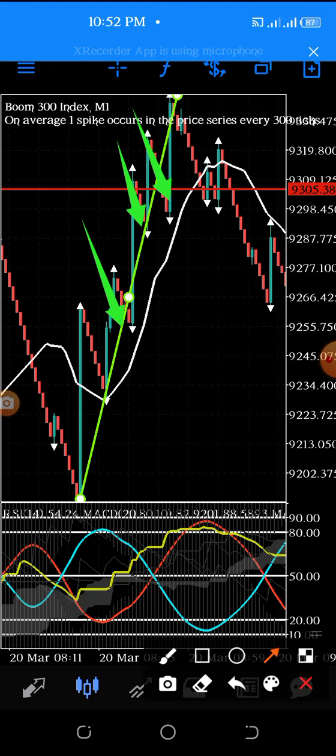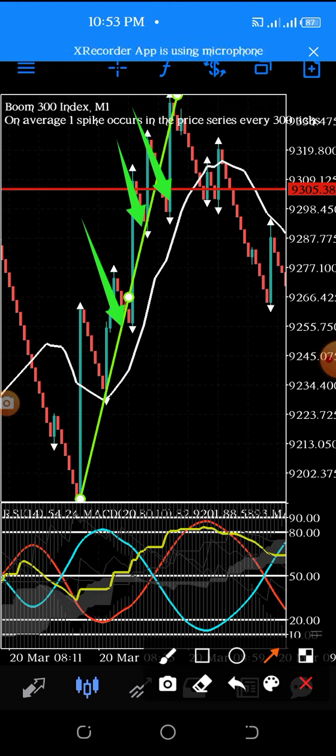So these three, you have made gain, because when the price is coming and hits this trend line, you just execute a buy order. And when it spikes, you close the order and wait again for it to come and touch the trend line again.